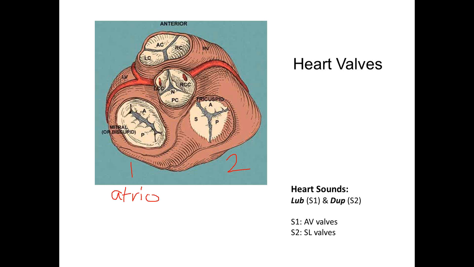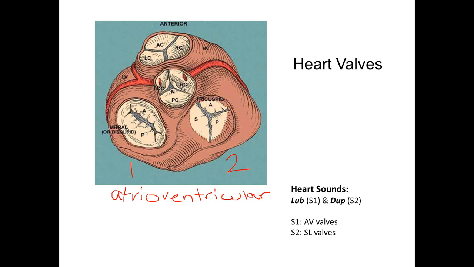These are the atrioventricular valves. They're there to stop blood from being pumped back out of the heart, and so allow blood only to enter the heart into the atria.